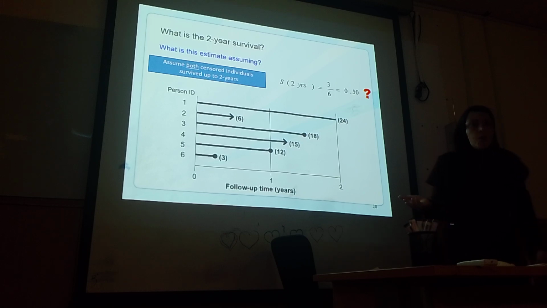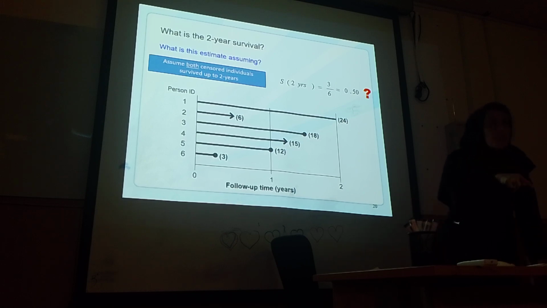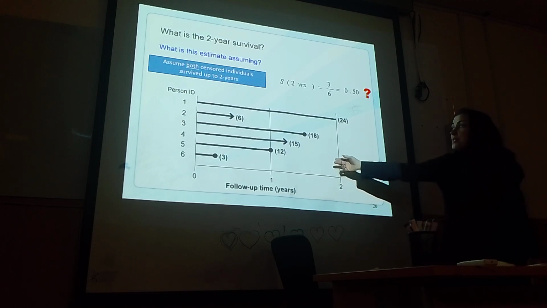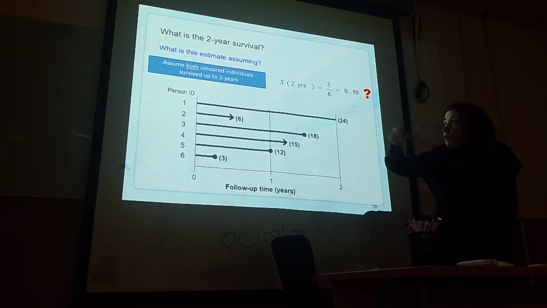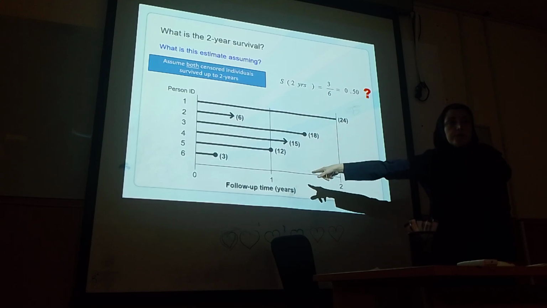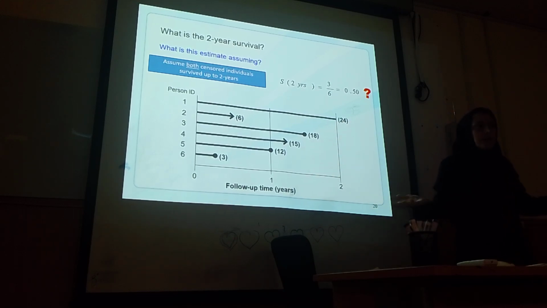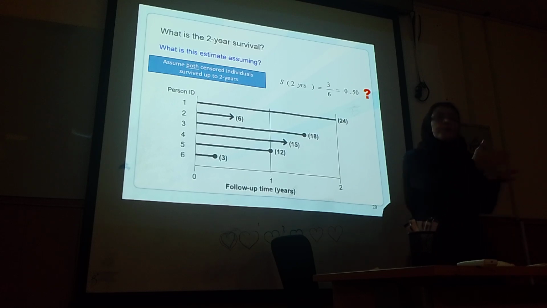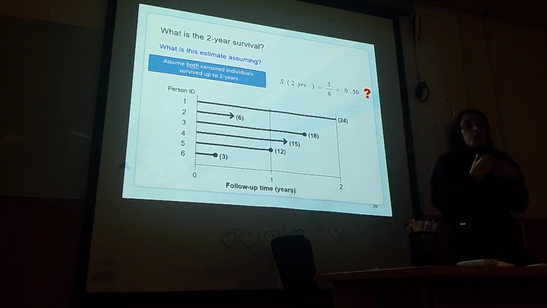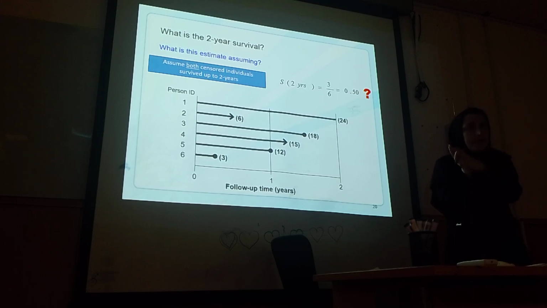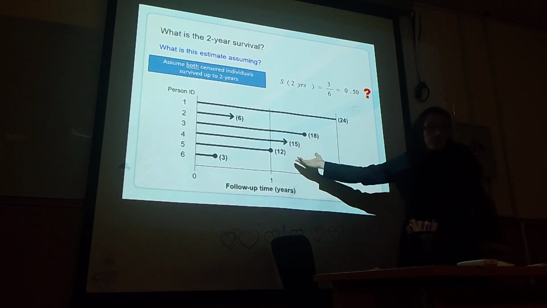So we should find another solution for this kind of situation in which we have loss to follow up. In reality, in studies in which we follow participants, we have loss to follow up.